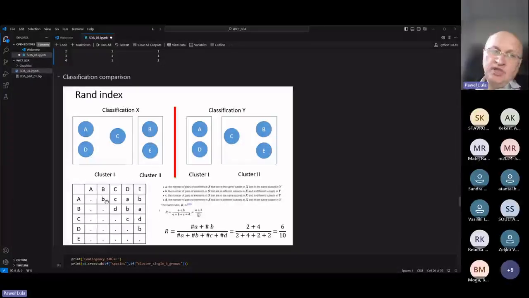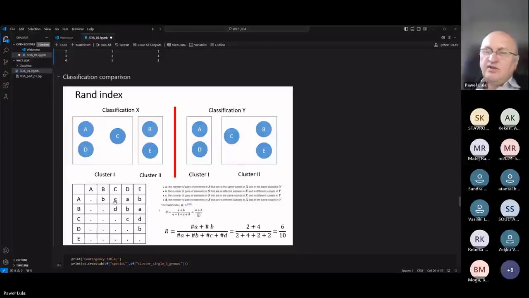I put letter B here if two objects are in different clusters in the first classification, and if they are in different clusters in the second classification. B, I have here, between A and B. We see these objects here. They are in two different clusters. And here in the second classification, also they are in two different clusters.